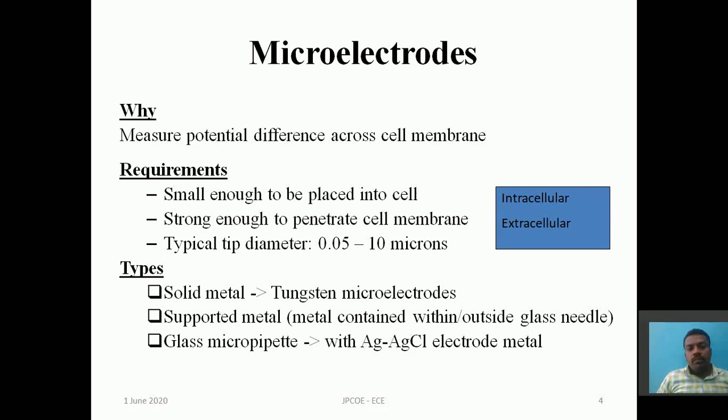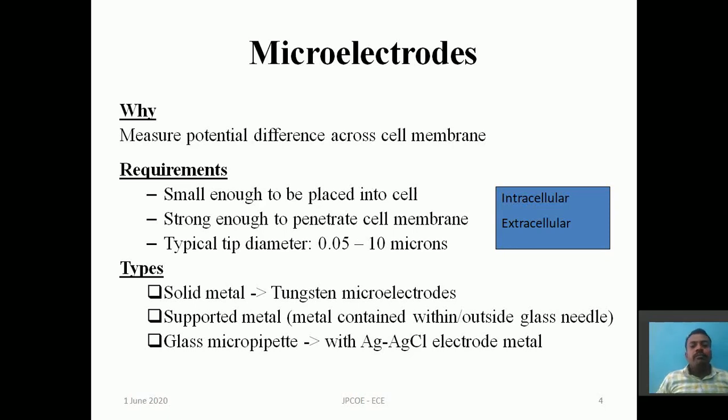So we have to use two electrodes. One is an active electrode, present within the cell, and another is a support electrode, present outside the cell. This is the membrane potential, the potential difference across the cell membrane.